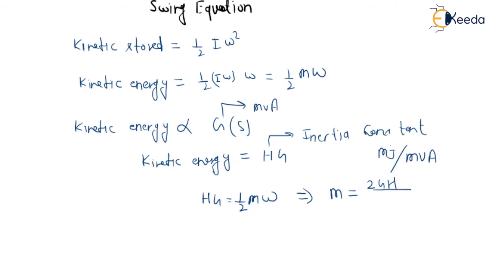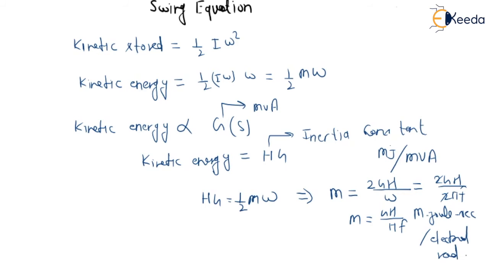In electrical terms, 2GH upon 2 pi F. The 2 cancels out, so M is equal to GH upon pi F. The unit is megajoule second per electrical radian. This is the unit of M, and this is how we calculate the value of M. Now we are going to see how the swing equation works.